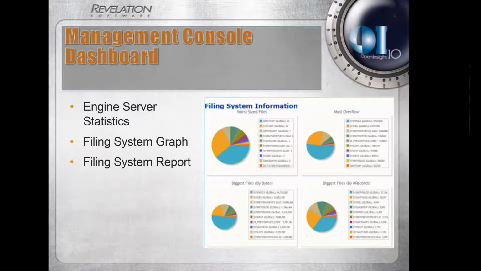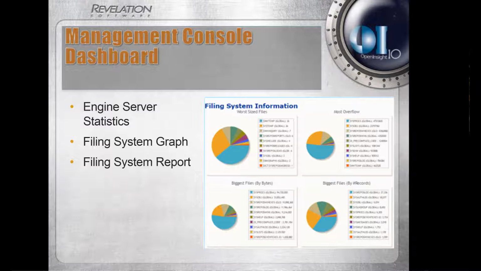Lacking in the previous versions of OpenInsight were statistics on our filing system. So we provide, as I said a moment ago, engine service statistics, but we also provide database statistics. In a graphical presentation, we can look and see what our worst size files are, which ones have the most data overflow, which are the biggest files in byte size, and which files contain the most records.